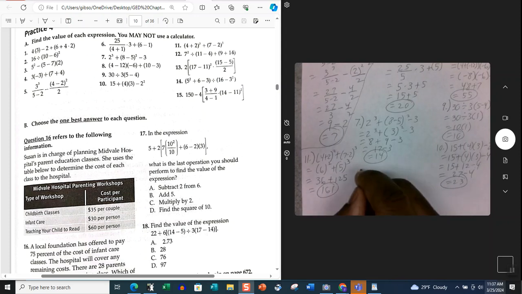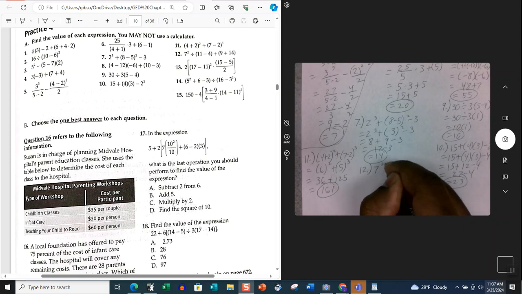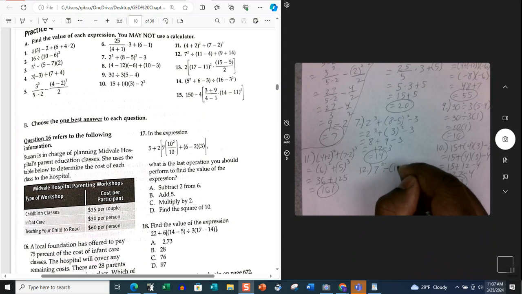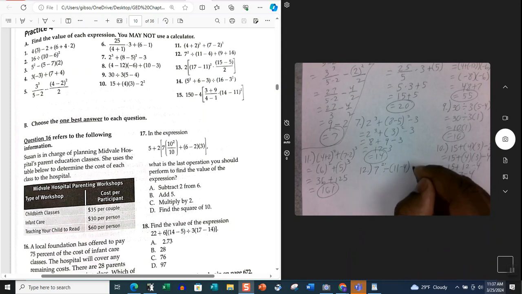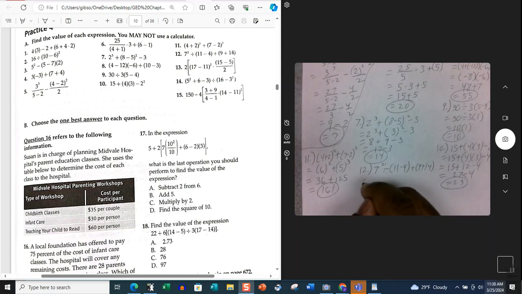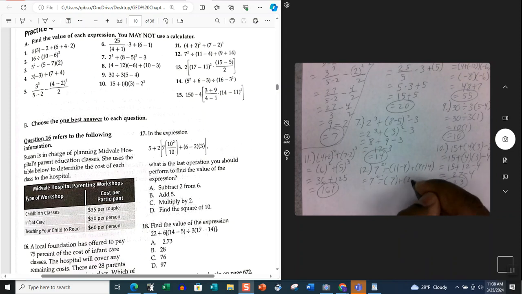All right, problem number 12. We have 7 squared divided by (11 minus 4) plus (9 plus 14). We do our parentheses first. 11 minus 4 is 7, and 9 plus 14 is 23.